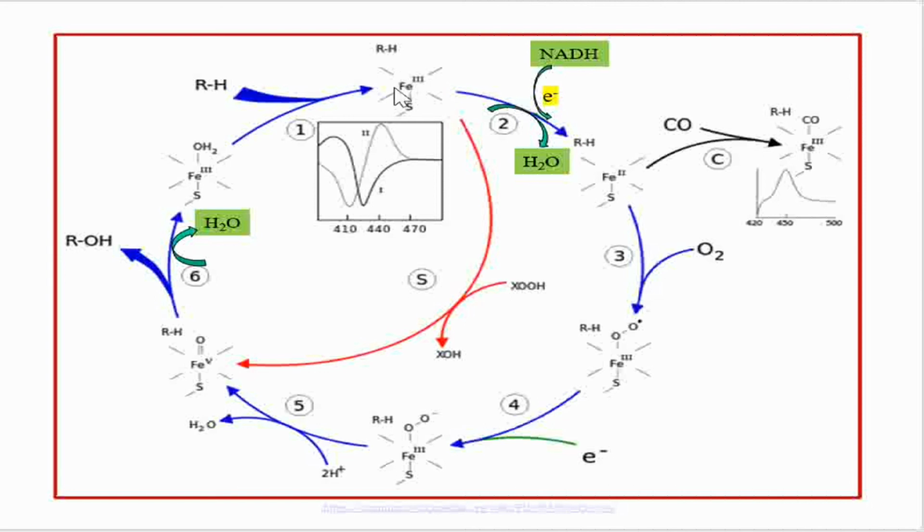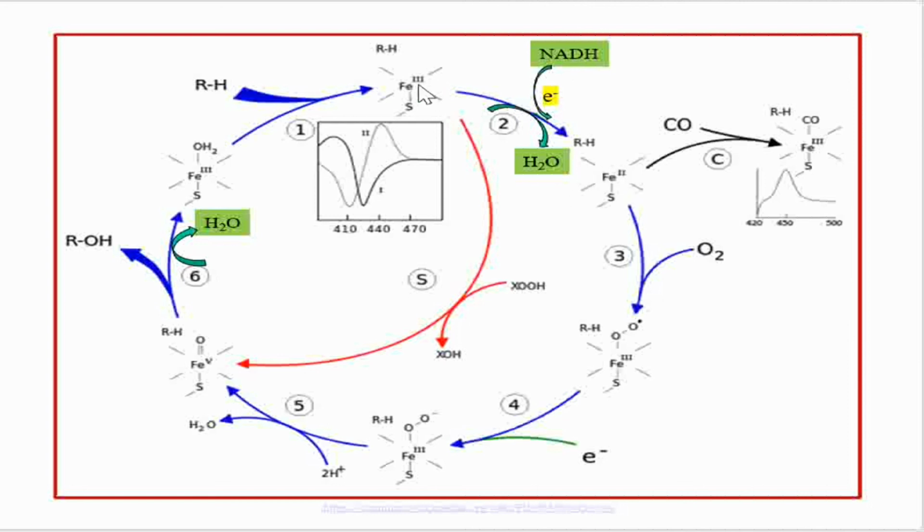So the spin state changes from low spin to high spin, and this will increase the reduction potential, and one electron can thus transfer from this NADH, that is the biological electron transporter. So this NADH can transport its electron, and due to this process, a 5 coordinated Fe2+ will be generated.